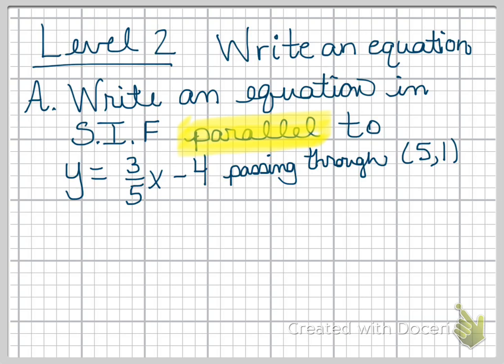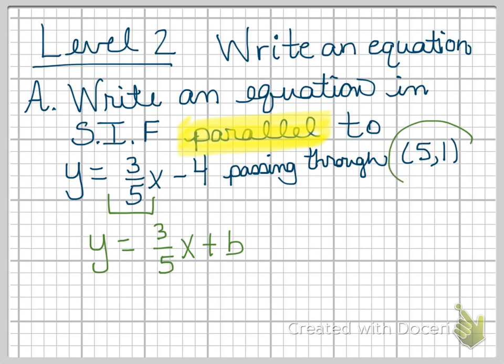So if we know that this one has a 3/5 slope, we're going to make sure that our new one is also 3/5. Now I know that I'm going to slope-intercept form, which I know is y equals mx plus b. So I'm going to plug in the same slope into my equation of y equals mx plus b.